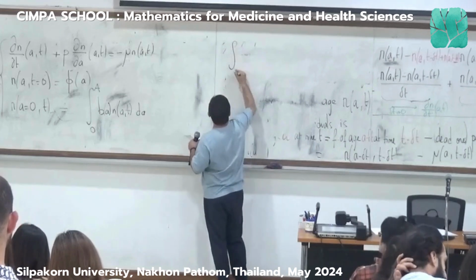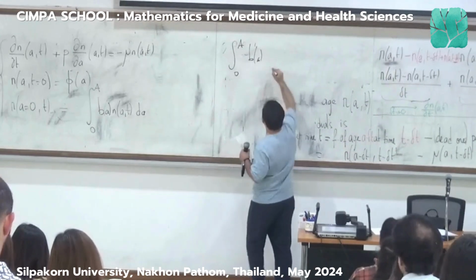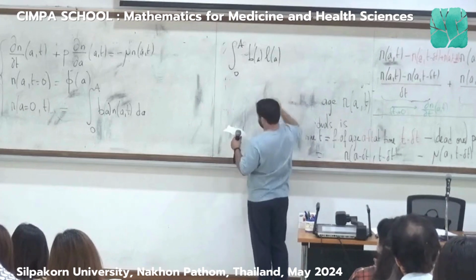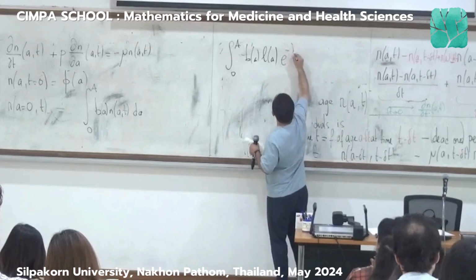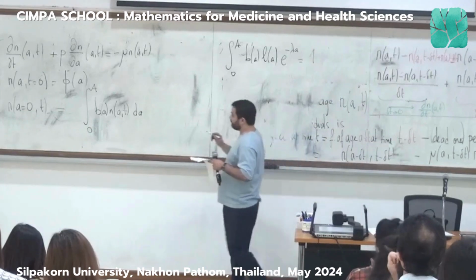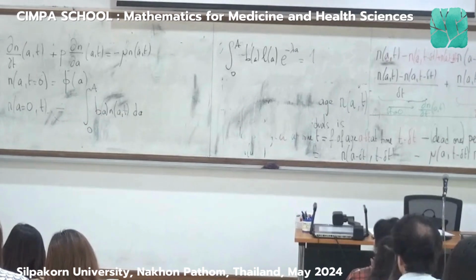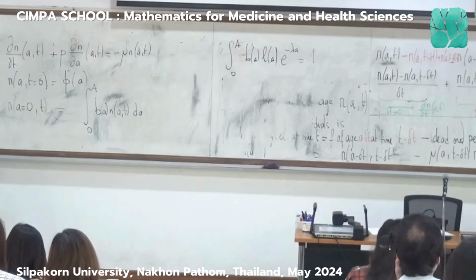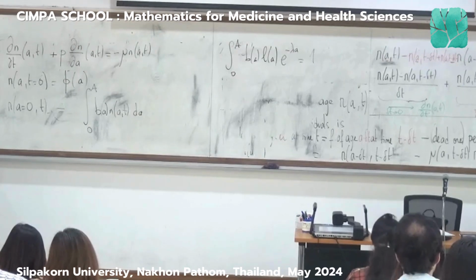We get the integral over A, so we have to say what N of A is here. It is just the exponential of A, so we go from 0 to A of minus mu.